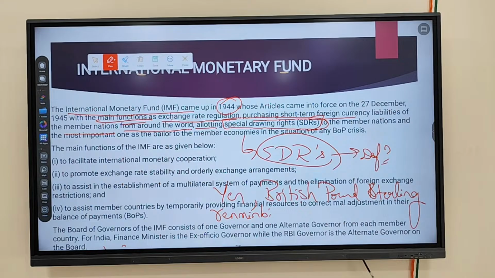The highest weightage among the currencies is for the US dollar, around 43%. Around 43% of the weightage in SDR is for the US dollar.